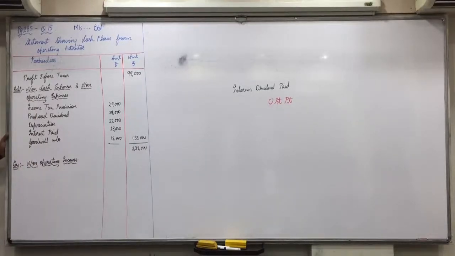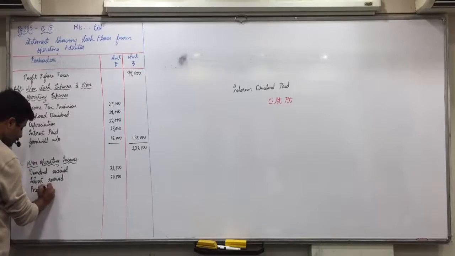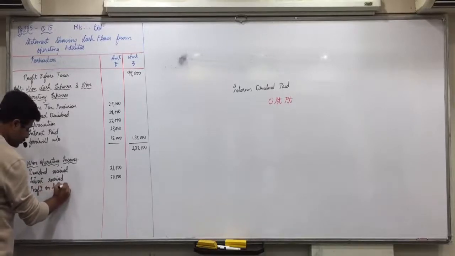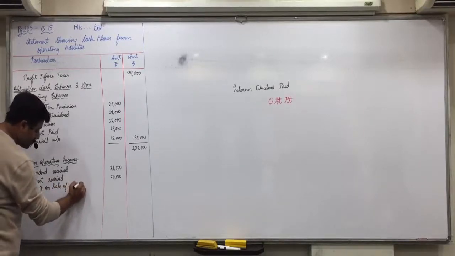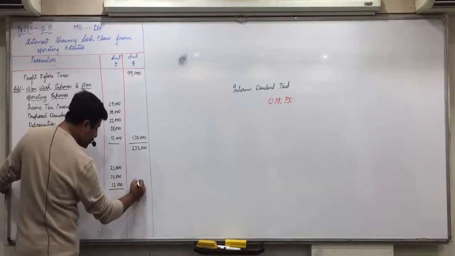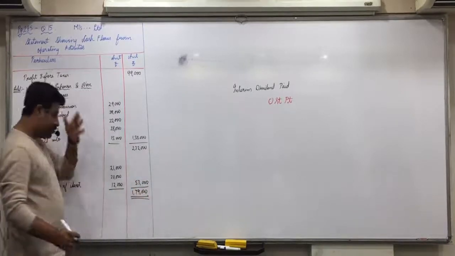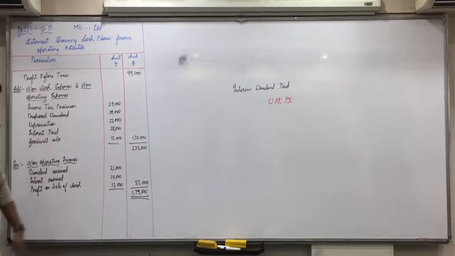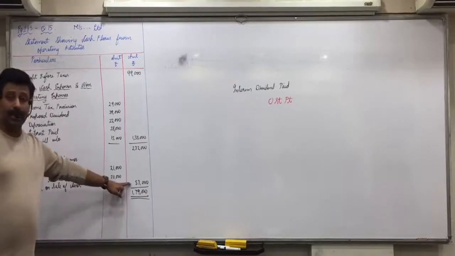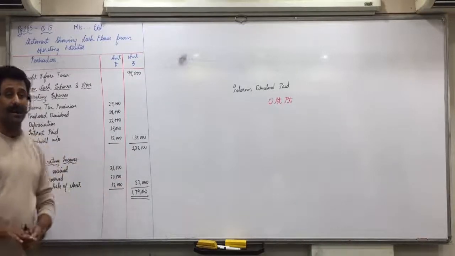Dividend received 21,000. Profit on sale of asset 12,000. Only 3 items. 53,000. 1,79,000. Okay, 21 plus 20 plus 12, 53,000, and then 2,32,000 minus 53,000, 1,79,000.